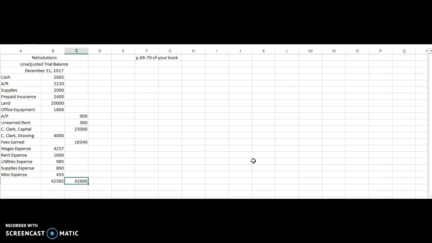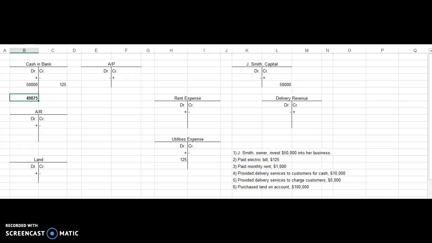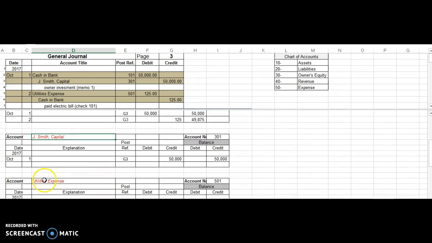Where did I get these numbers? You can look on page 69 and 70 of your book, but let me just take you back to a demo of where I got these numbers from. So you would actually go to your general ledger and you would write down all of your account names.